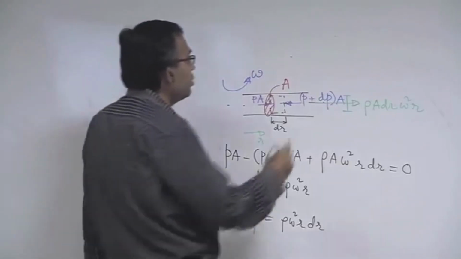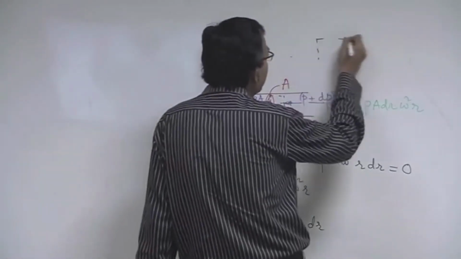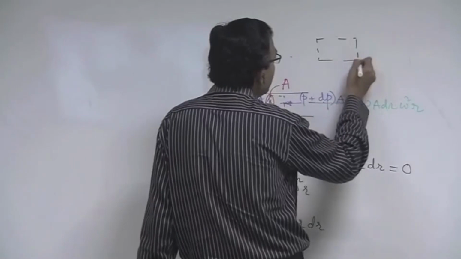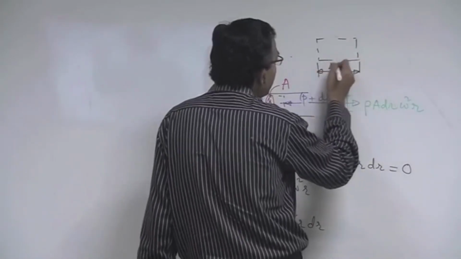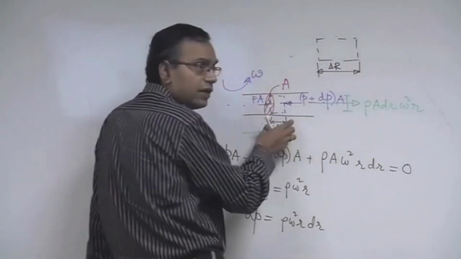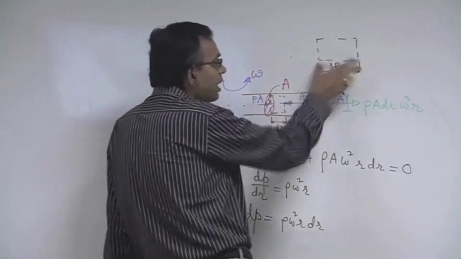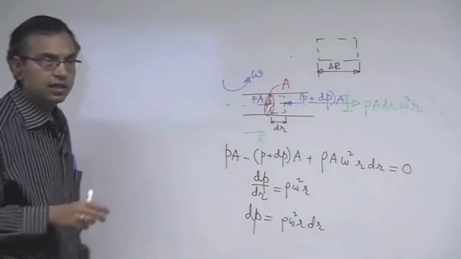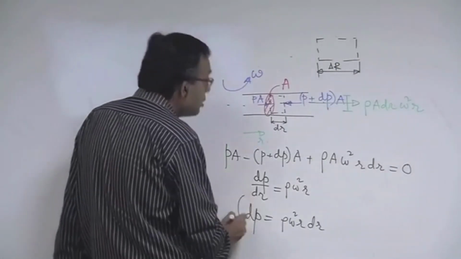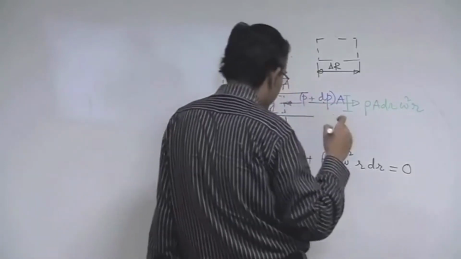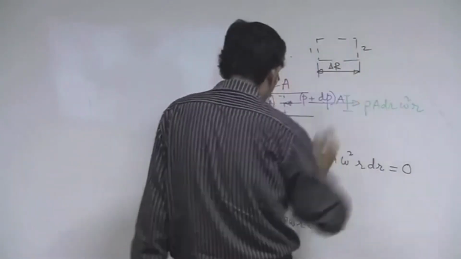Let us say that you are interested in a length of a capillary of finite dimension delta r, not an infinitesimally small dr but some finite dimension delta r. So let us say that this is 1, this is 2.